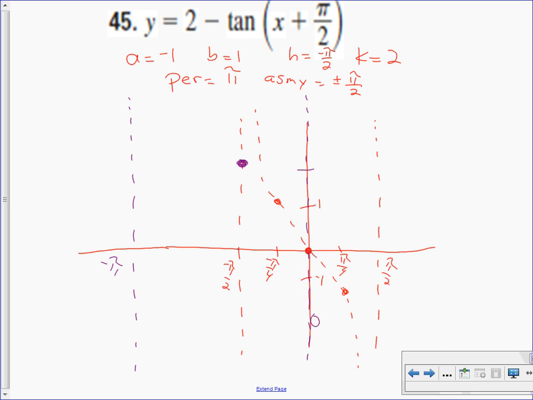When I move negative pi over 4 to the left, pi over 2, it winds up at negative 3 pi over 4, very good. And since the original point was at 1, it is now at 3.